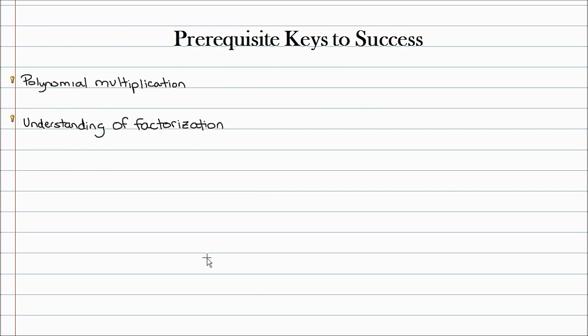The other key to success is that you have to understand how to factorize. Not that you're going to necessarily need to know the sum and difference of cubes formula right away, but you have to understand what factorization really means. If you don't know either of these prerequisites, you should go back and review some of the previous lectures I've done on polynomial multiplication or factorizations.